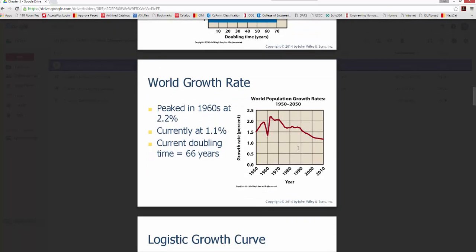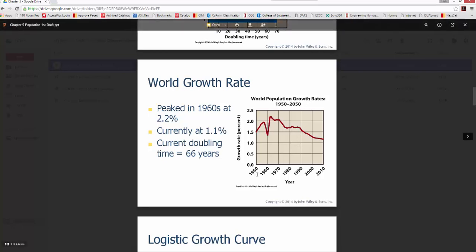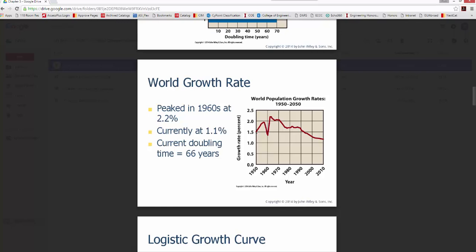So let's talk a little bit about world growth rate. We actually peaked back in the 1960s. Look here at years from 1950 to 2010, and growth rate as a percentage. Back in 1950, think about it, the troops were coming home from World War II and starting families, so you begin to see this increase in growth.